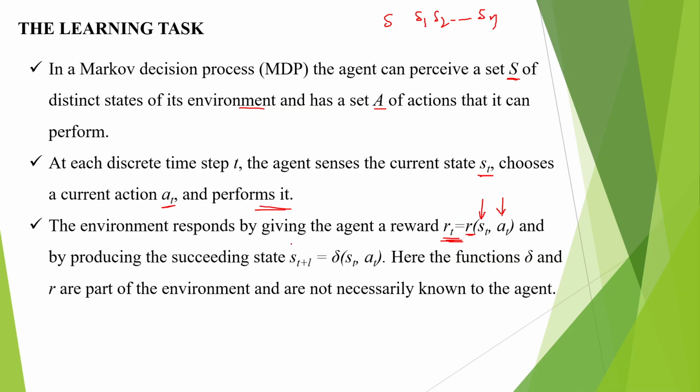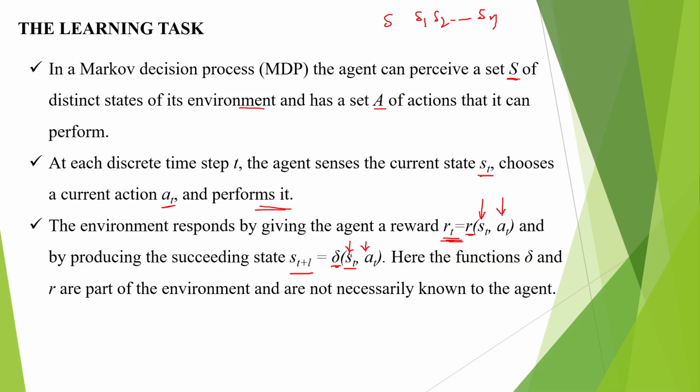Okay, and obviously after performing that action, there is a resulting state. To get the resulting state: ST is the current state, and the state at the next time stamp we call ST+1. And to get that ST+1, we need to apply this state change function delta onto state and action.